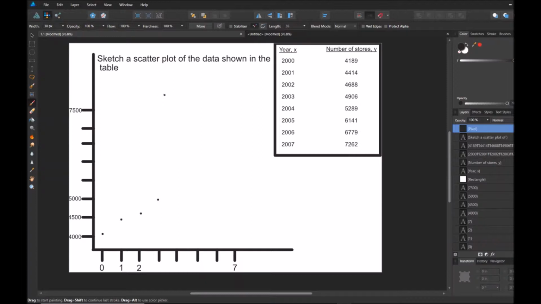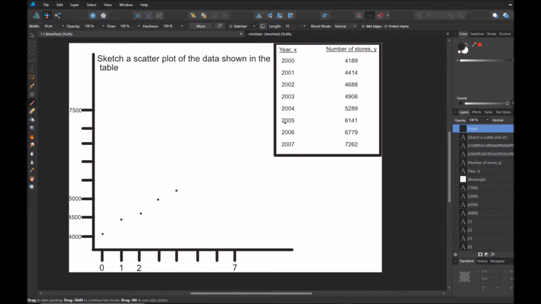It doesn't say to make an exact graph or anything, so we can be a little bit off as long as we're not completely all over the place. Then for 2004 our value is 5,289, so we go not quite in between 5,000 and 5,500, just below the halfway mark, so probably right around there.